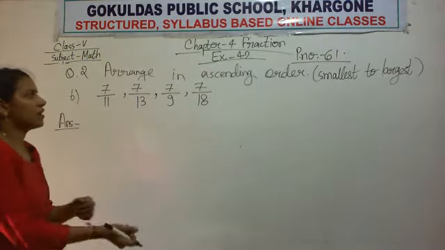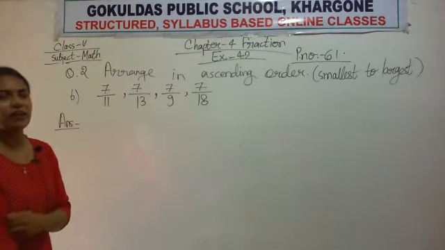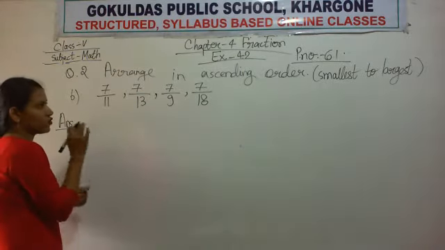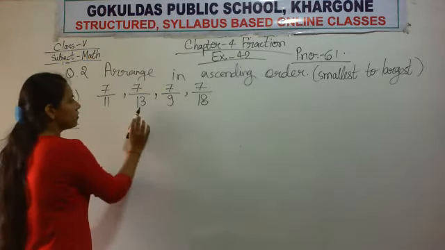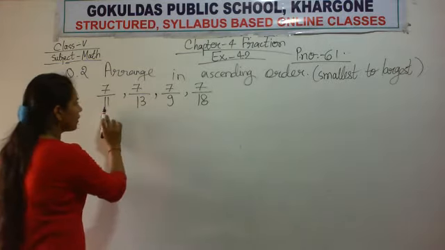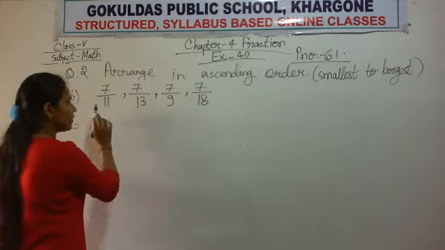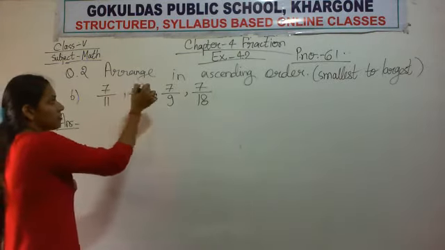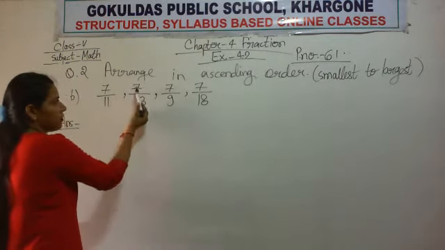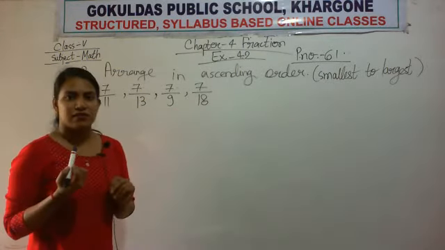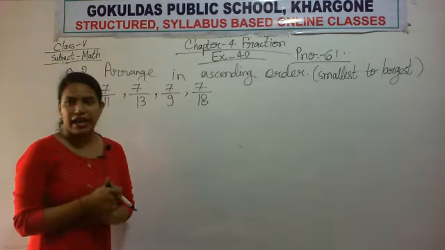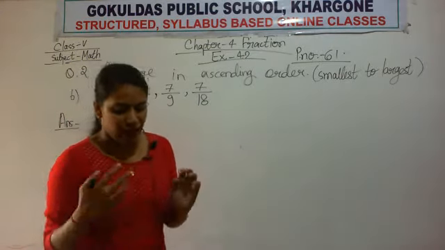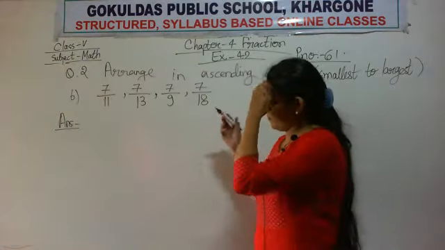So first identify, are these like or unlike? When we observe them, all the fractions have different denominators, and the numerators are the same. So these are unlike fractions, and unlike fractions have two cases.